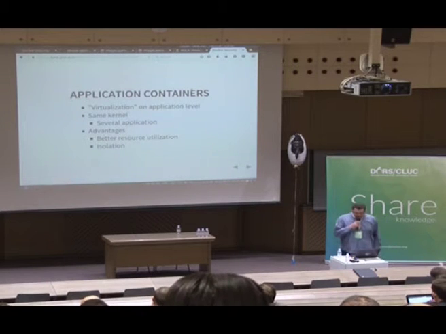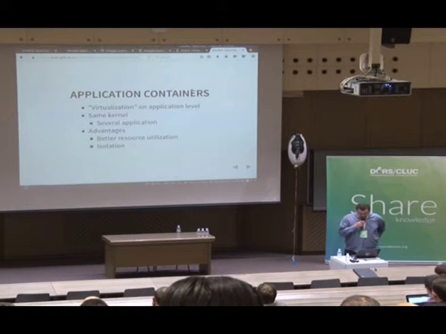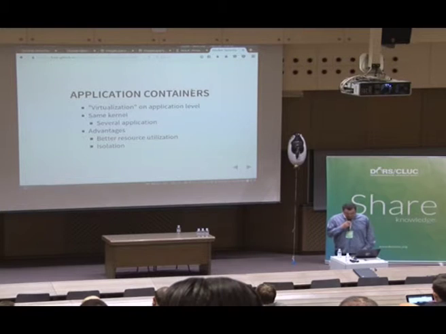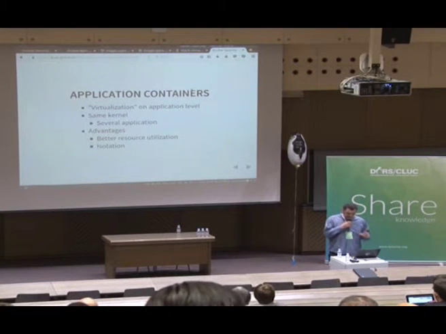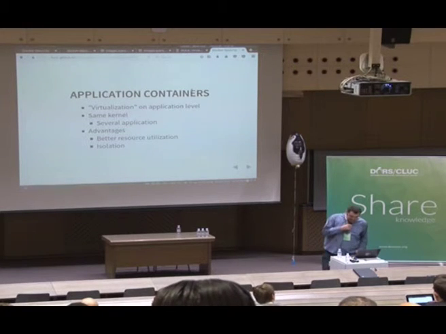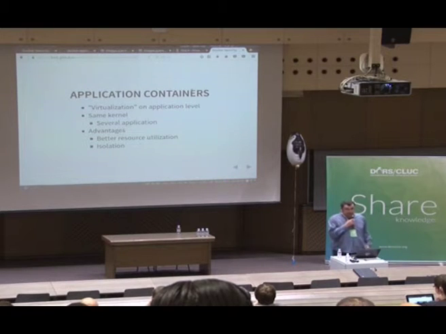So let's talk about the main topic. When we are talking about Docker, we are actually talking about application containers. What does that mean? It's virtualization on the application level. You are using the same kernel, but you have several applications and some kind of isolation between them.